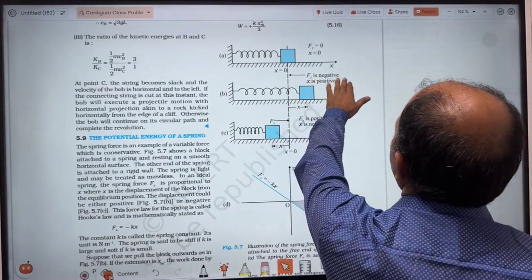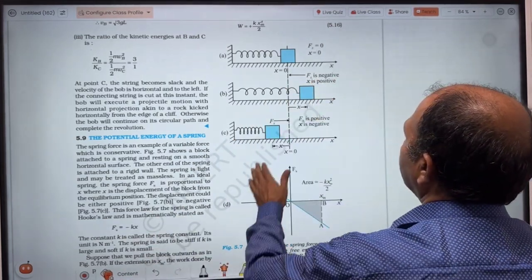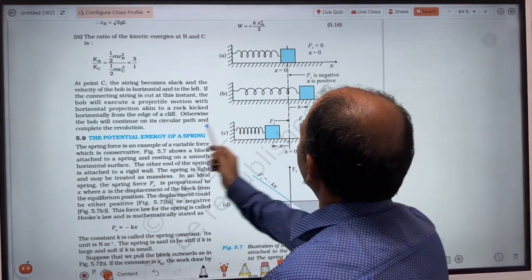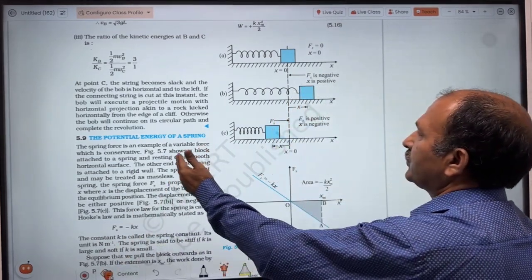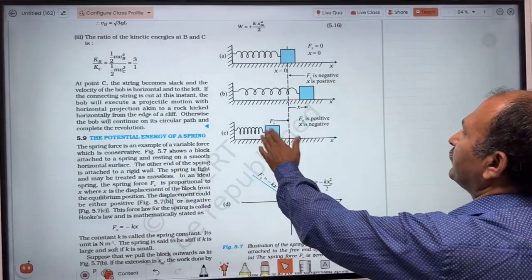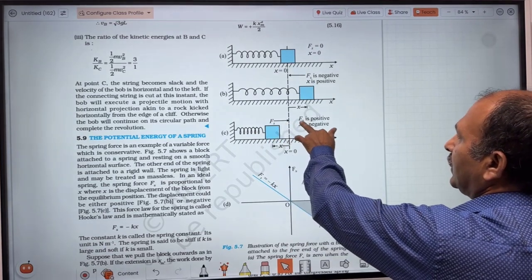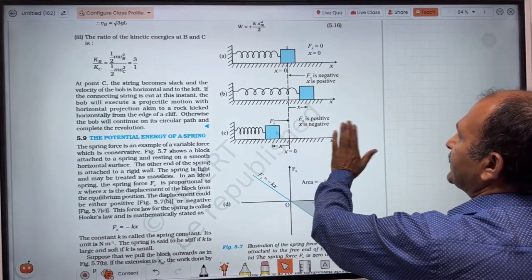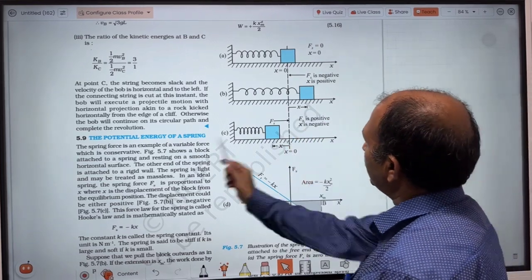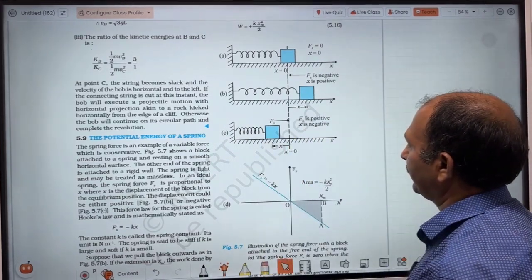That is why it is written Fs is negative, x is positive. Then further, suppose the spring is compressed, then there will be a force which will try to regain the original shape of the spring. That is why here Fs is positive and x is negative. Negative means from this position it is shifted towards the left.